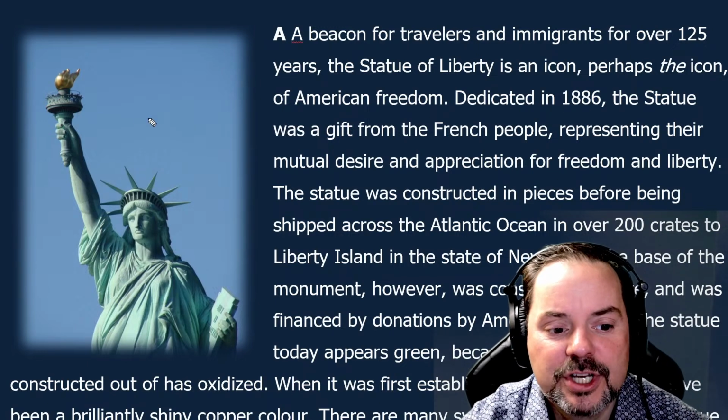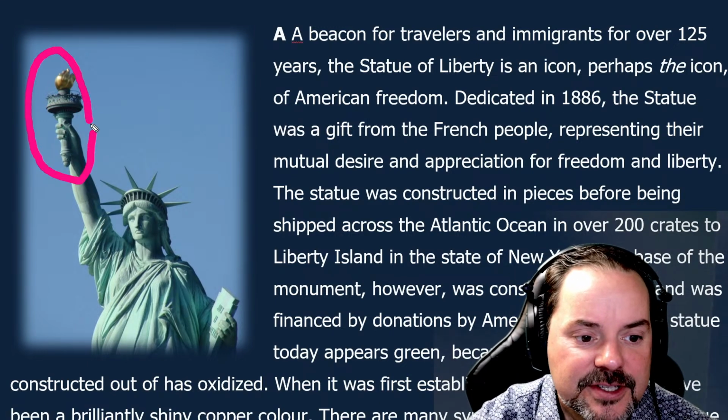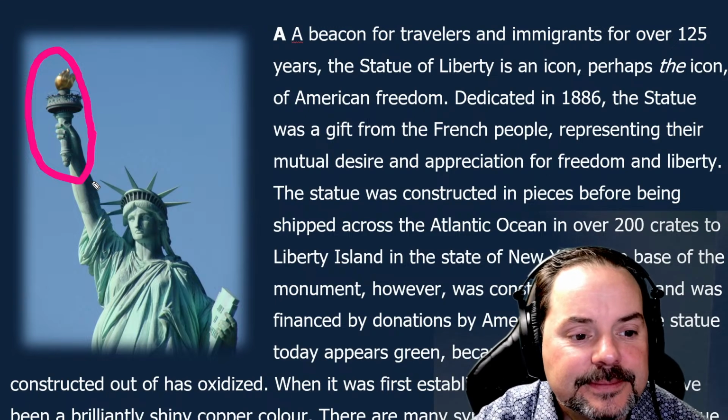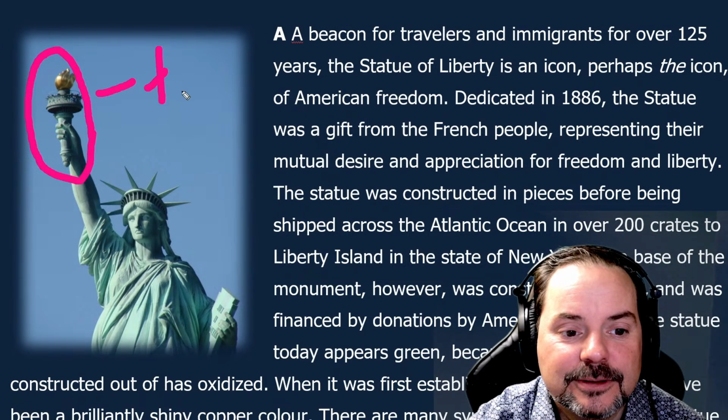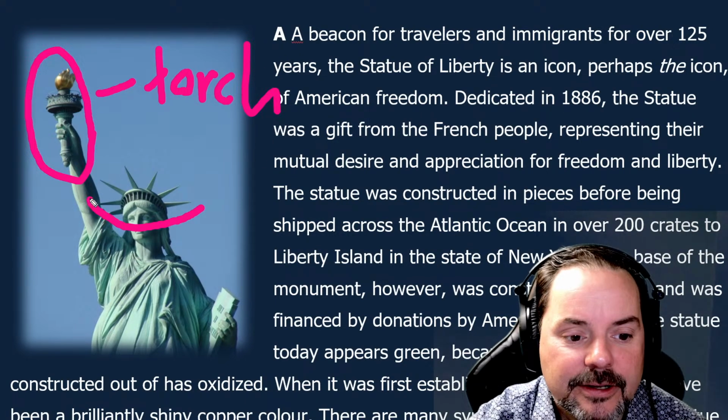Okay, and what is she holding? What's in her hand here that's raised up? The fire. Okay, that's called a torch. Ah, torch. Yes. Okay, what's on her head? Uh, the sun.